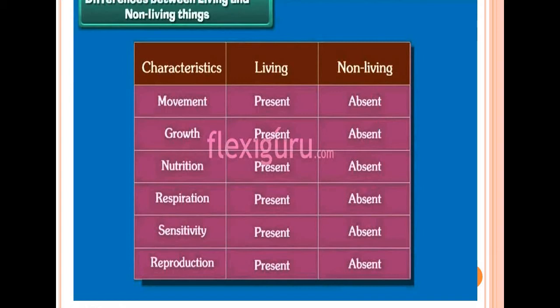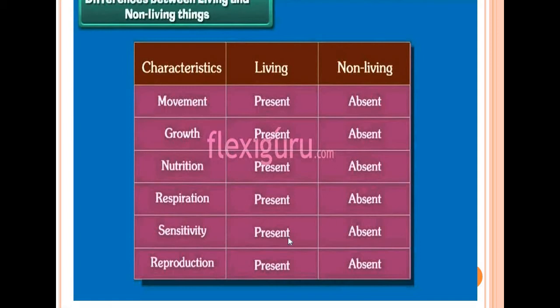Next characteristic is respiration. Respiration is the process through which complex food material gets broken down with the help of the oxygen being taken. So this process is present in living organisms while absent in non-living things. If we are talking about sensitivity, then living things are sensitive in nature while non-living things are non-sensitive.